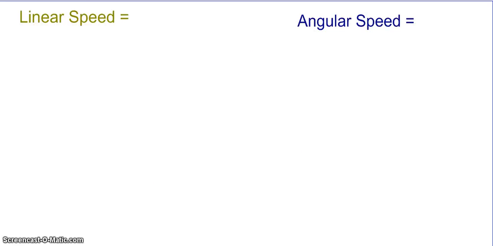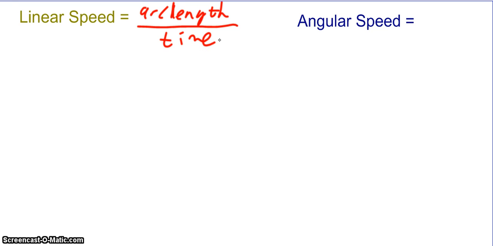This type of speed is what we call linear speed. So think about how fast an object is traveling. A bicycle or a car is going to have a linear speed, but it has to do with the wheels turning. So that's our arc length and our revolution.